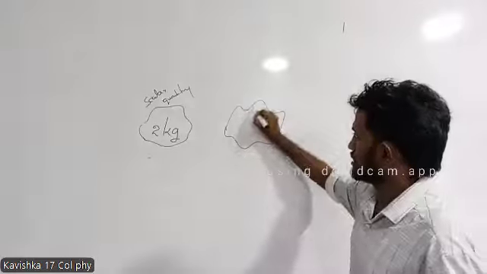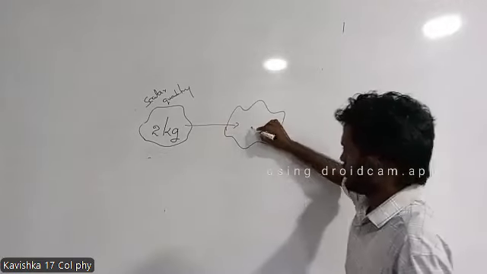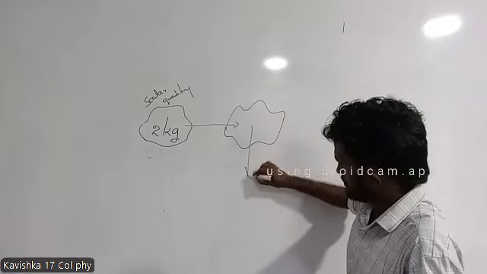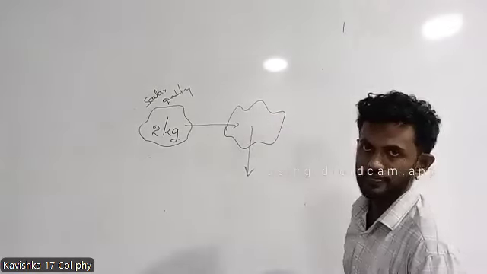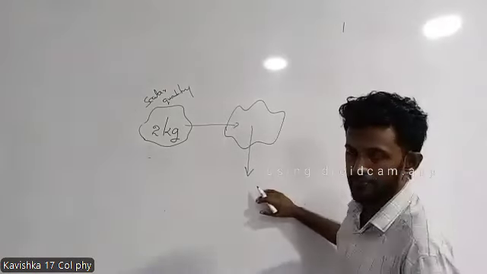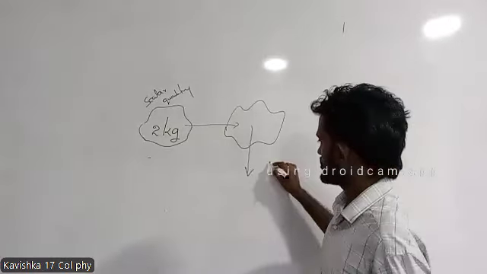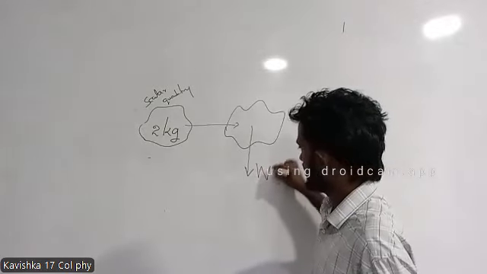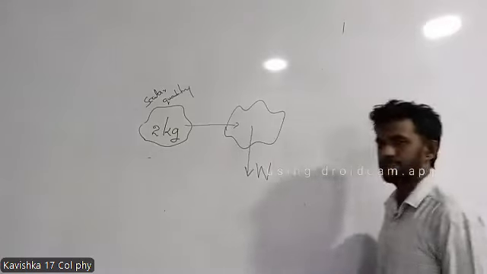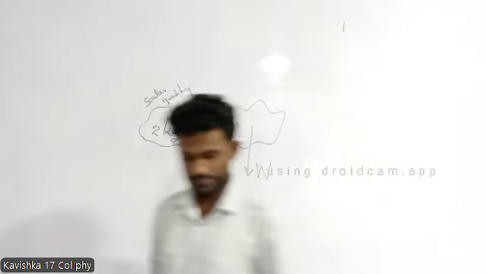So this is the same 2 kilogram object. It has a downward attraction towards Earth, and that attraction force is the weight of the object. Right? Weight of the object.